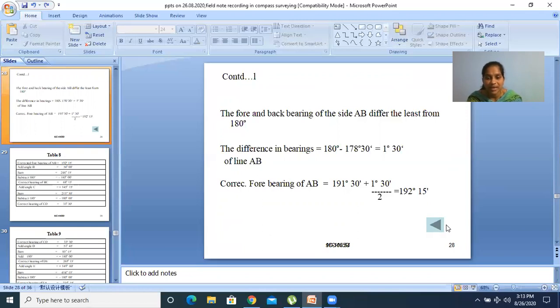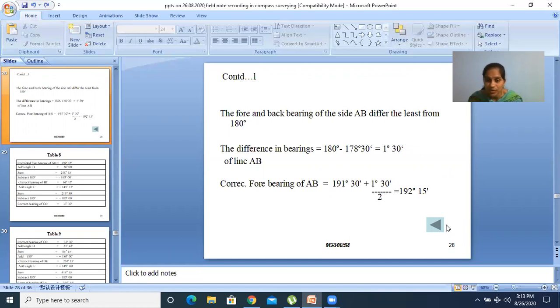The difference is 180 degrees minus 178 degrees 30 minutes, that is 1 degree 30 minutes, for the line AB. The correct forebearing of AB is the observed one, 191 degrees 30 minutes, plus 1 degree 30 minutes by 2. So 192 degrees 15 minutes is the correct forebearing of line AB.